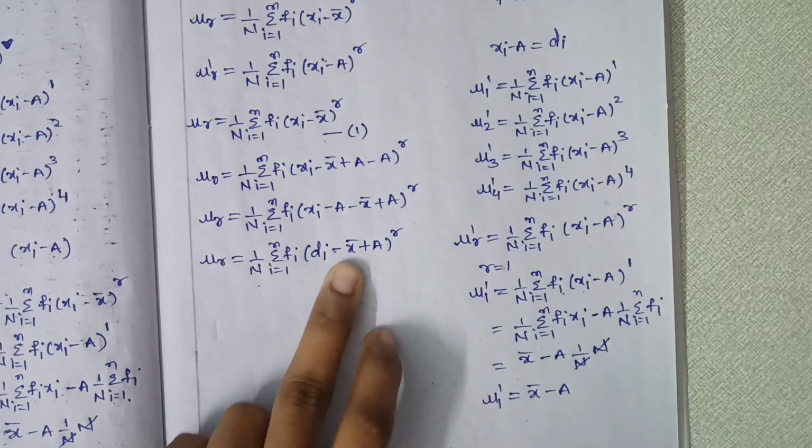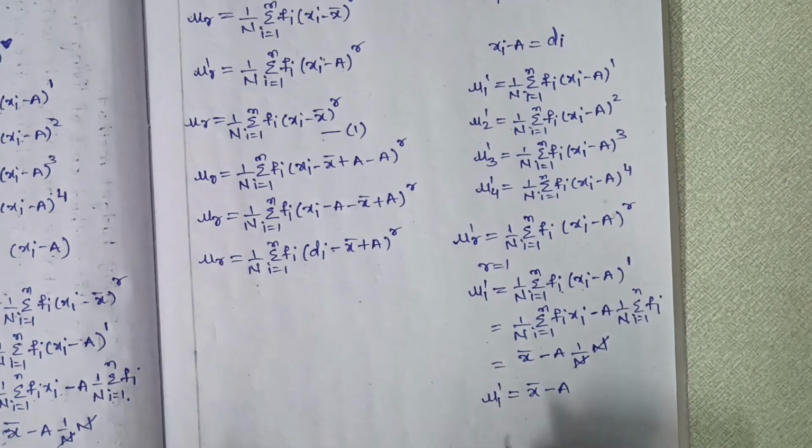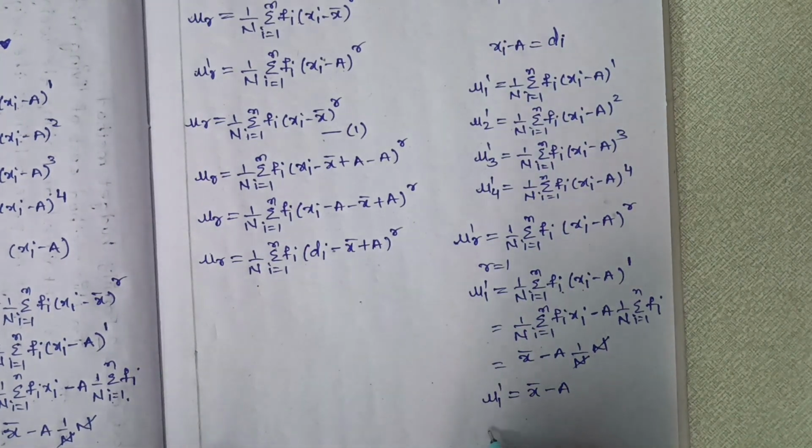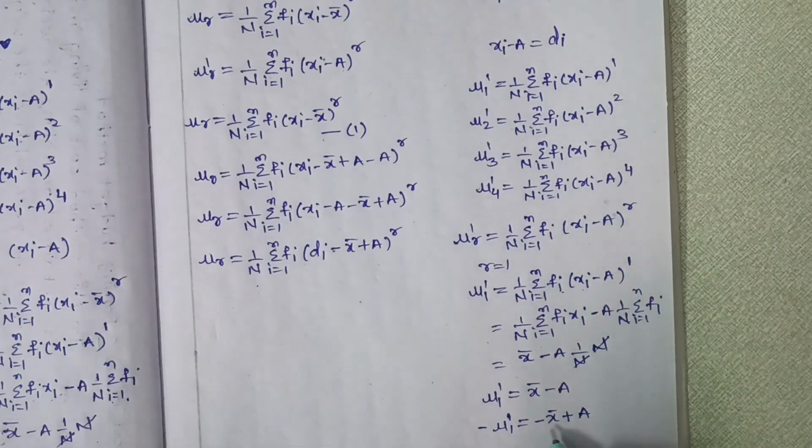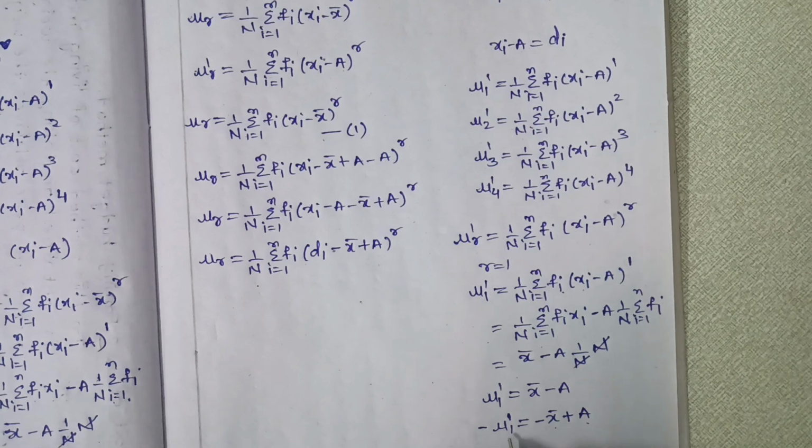Here we have minus x bar plus a. So multiply with the negative sign: minus mu 1 dash is equal to minus into x bar is minus x bar and minus into minus a is plus a. Therefore minus x bar plus a is minus mu 1 dash.